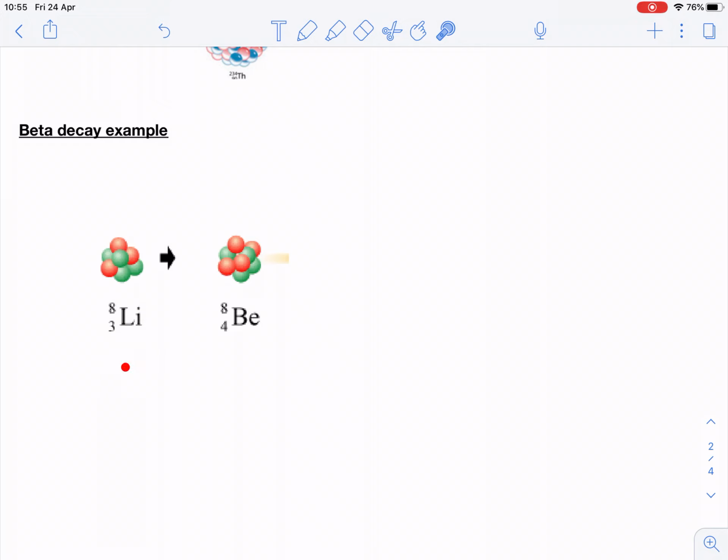This is an isotope of lithium, but nonetheless it's lithium because it's got 3 here as our atomic number. Now, as we've said already, a neutron changes to a proton and emits a high energy electron, a beta particle.